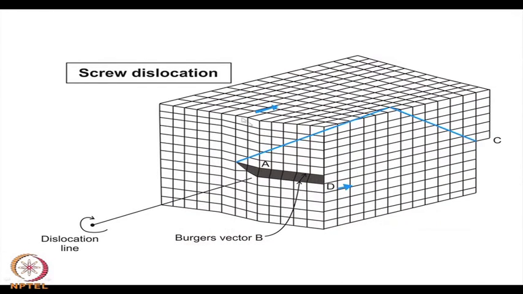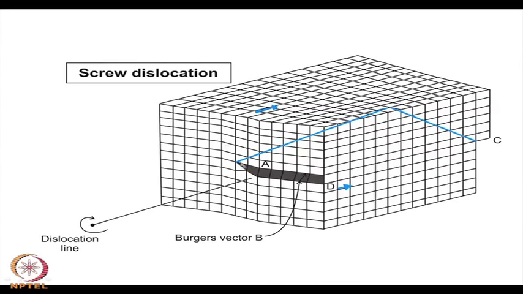But there is a slight difference from the earlier diagram. In the earlier diagram, the whole of the top part was being pushed to the right, whereas here the stress has been applied in such a way that only the front portion is being pushed, not the total crystal. So, the back part has no stress.